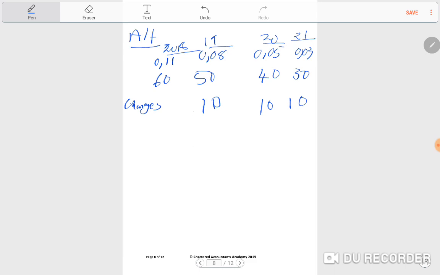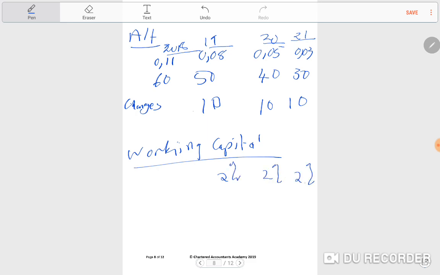The same applies to the working capital. We're supposed to adjust for 2% and 2% and 2% for the years. So we can just adjust your revenue times these ones. The revenue that we adjusted for synergistic benefits.